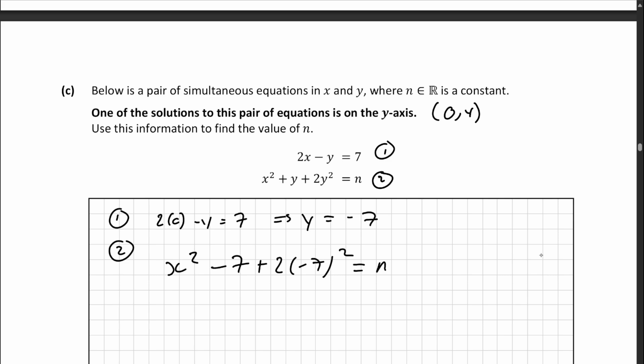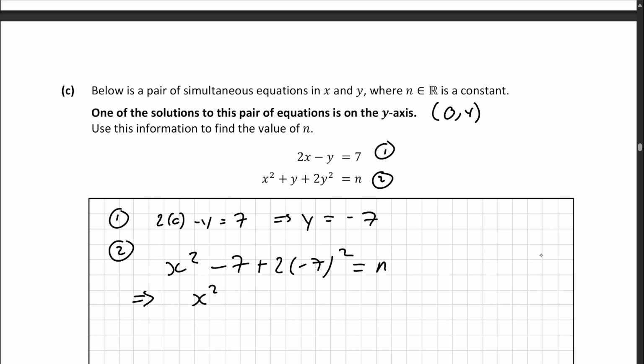Oh, I forgot what I did here. Oh yeah, 0, y is also a solution. So actually, if I simplify this a bit more, I get minus 7. Two lots of minus 7 squared is 91.